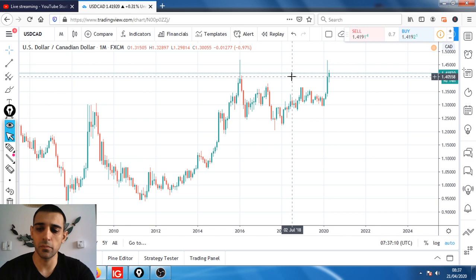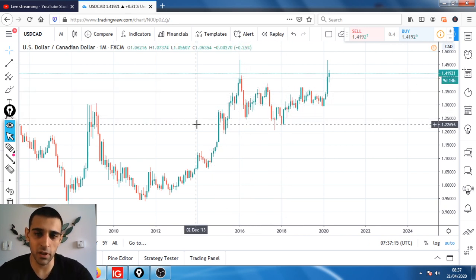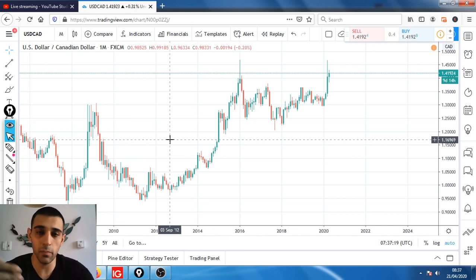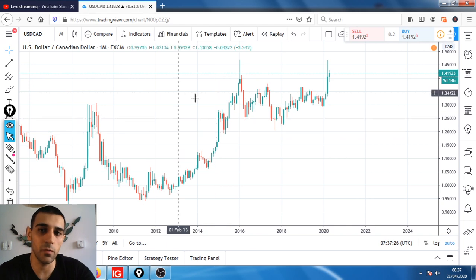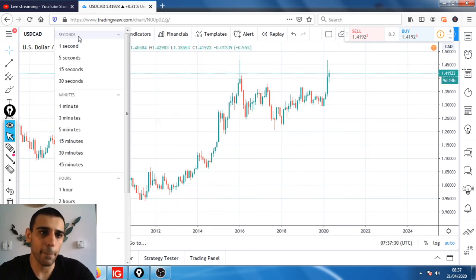I've had a few cases where they work out on a 15 pip stop loss, which gives you a huge risk reward, but over the next 50 or 100 trades, generally 10 to 15 pips is not enough for swing trading. Maybe like a 50 pip stop loss.